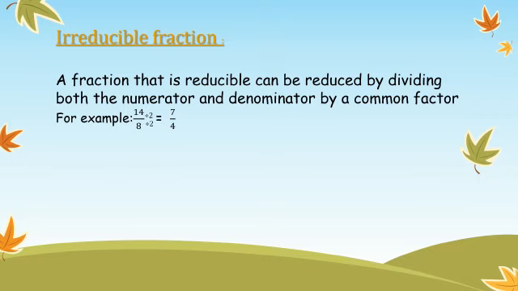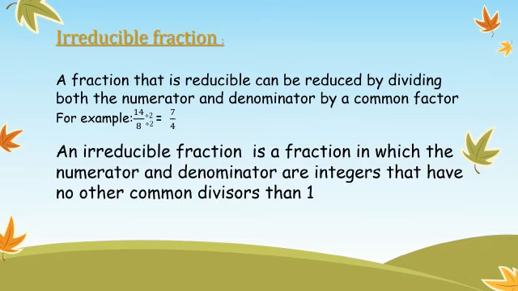So 7 over 4, can we divide 7 and 4 by the same number? No, because we can divide 7 by 7 and 4 by 2, but not by the same number. What is the irreducible fraction?